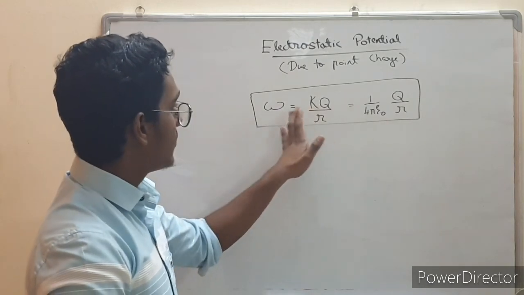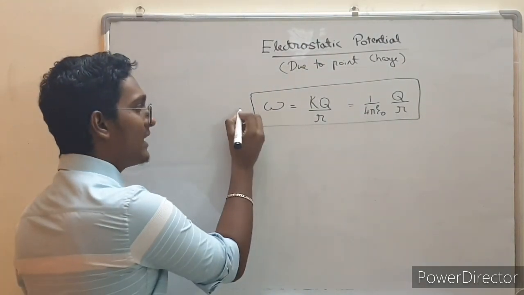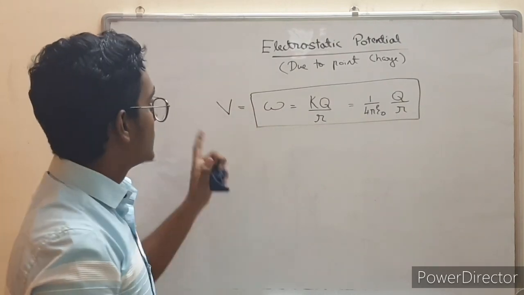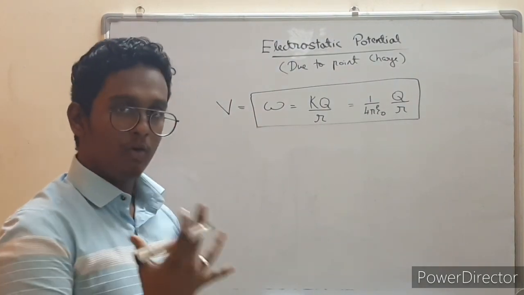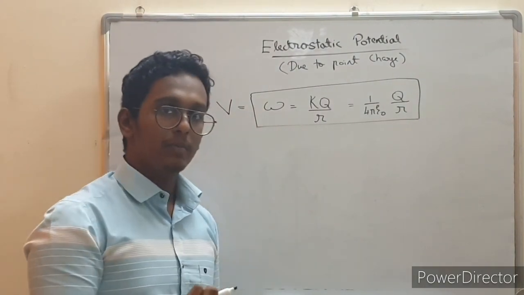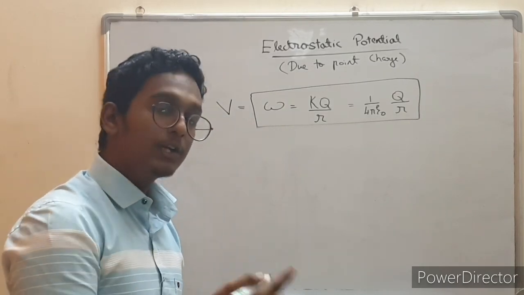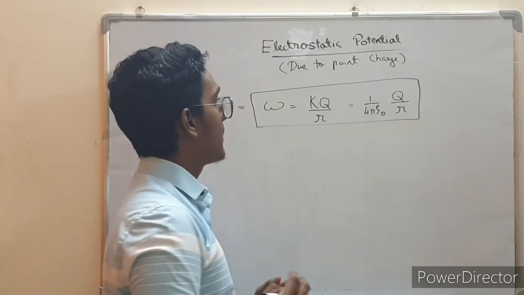The final answer is not yet done. We need the answer for potential, but the potential is equal to the work done. So the potential equals 1 by 4 pi epsilon naught q by r. It no more depends on the charge you're bringing. It only depends on the configuration of charges to which you're bringing another charge. So this is the value for potential.